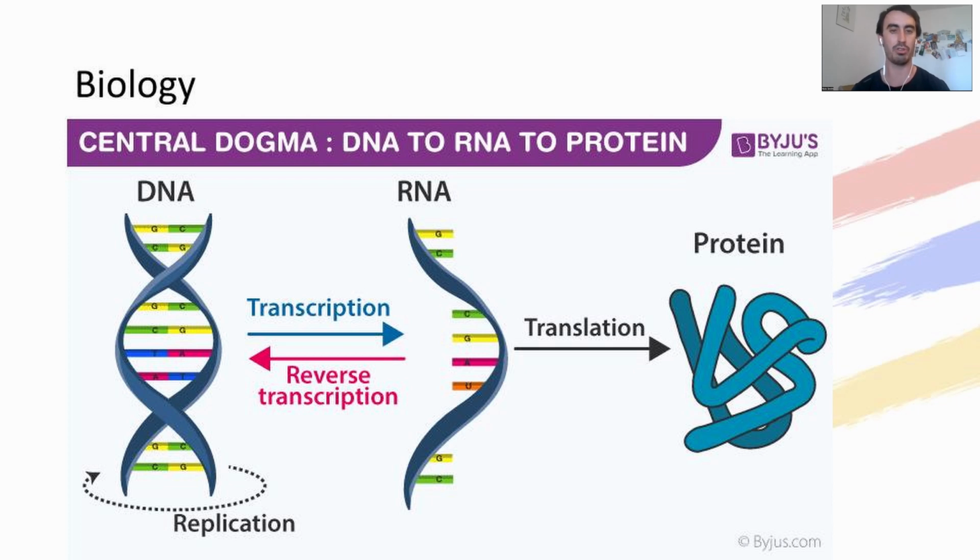That information is transcribed or written into RNA. This is the messenger molecule that carries instructions that are important locally for the cell and smaller subsections. And then eventually RNA is translated into proteins, which are the molecules that interact with each other and allow the cell to interact with the environment and other cells.